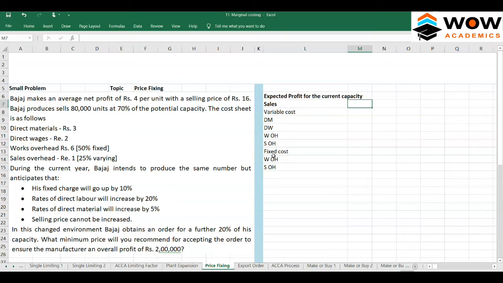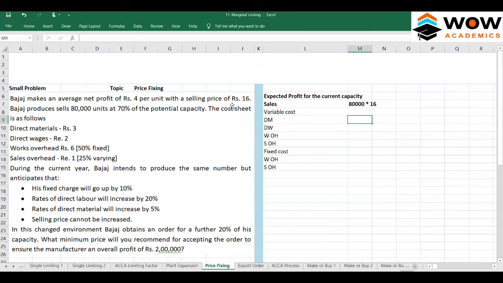The company is selling 80,000 units at a price of 16. Then we'll find out the total variable cost, and then multiply that number.